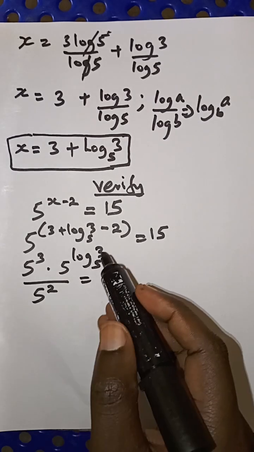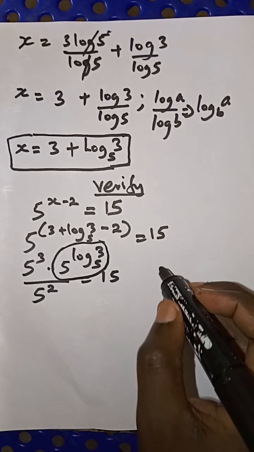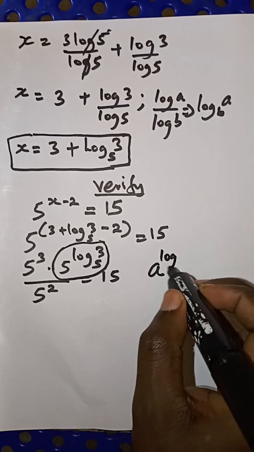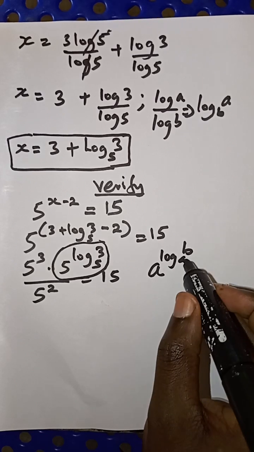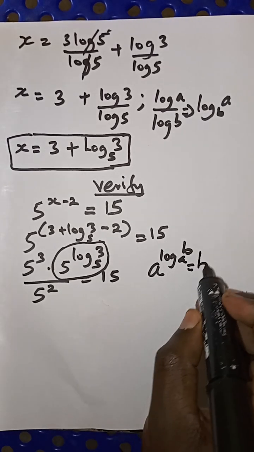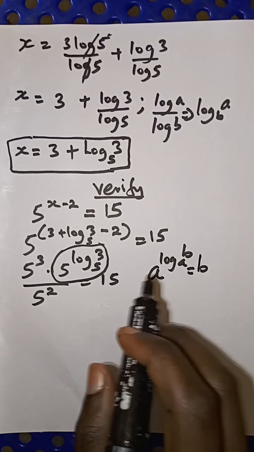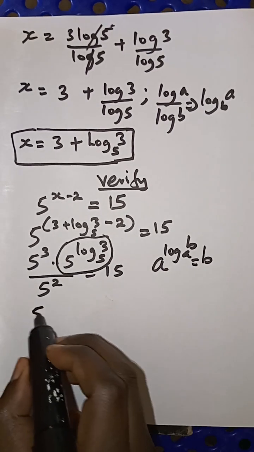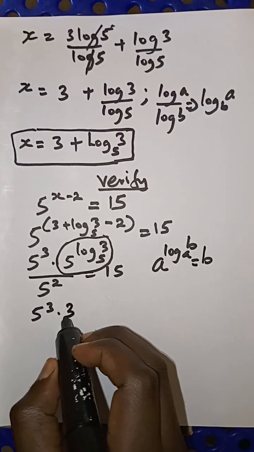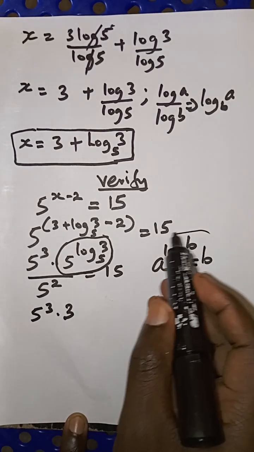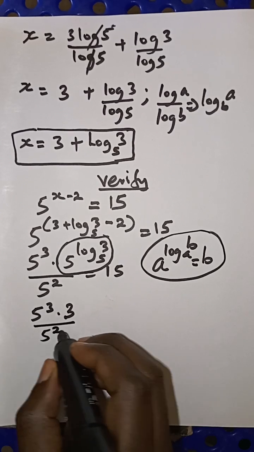It is very easy to see that when you have a base raised to a log of any number and the base is the same, then the answer automatically gives you that number. Applying that here, I'm going to end up with 5 raised to power 3 multiplied by this, which changes to 3 using this relationship, divided by 5 power 2.